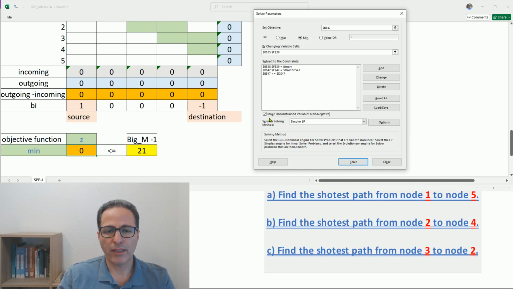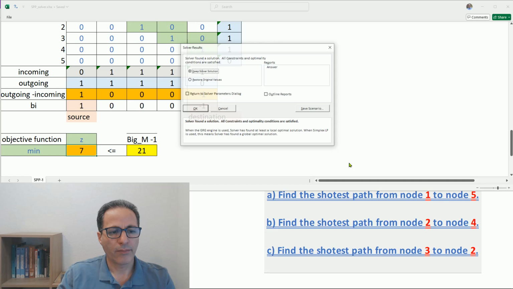However, since they are binary, 0 or 1, it will work automatically. Now, if we press solve, you will see 7, exactly the one that we had in the shortest path that we solved, and also found by the Dijkstra algorithm.